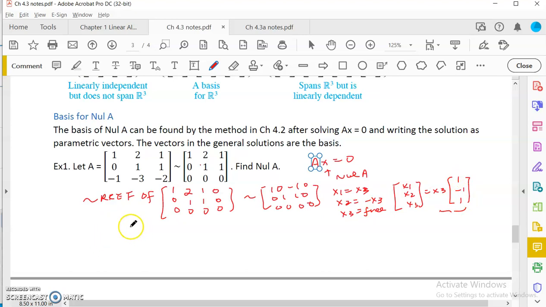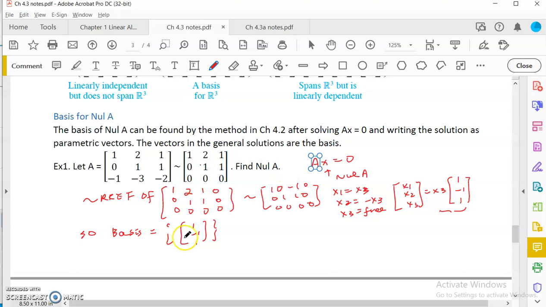If that is the case, all the x1, x2, x3 in null A would be a multiple of this vector. So the basis is that vector, 1, negative 1, 1, because x3 is free, so you can give anything for it, and this would be the solution set of Ax equal to 0.